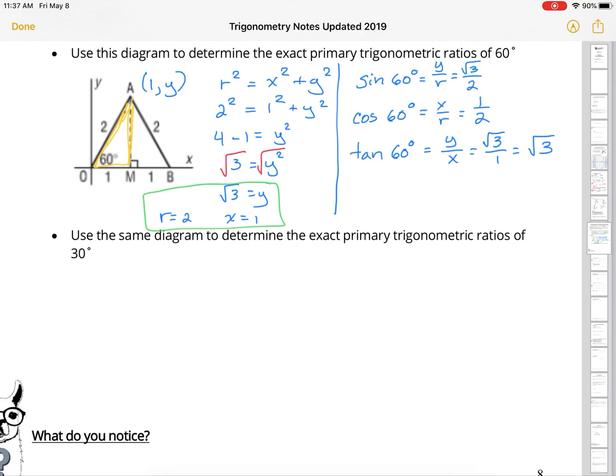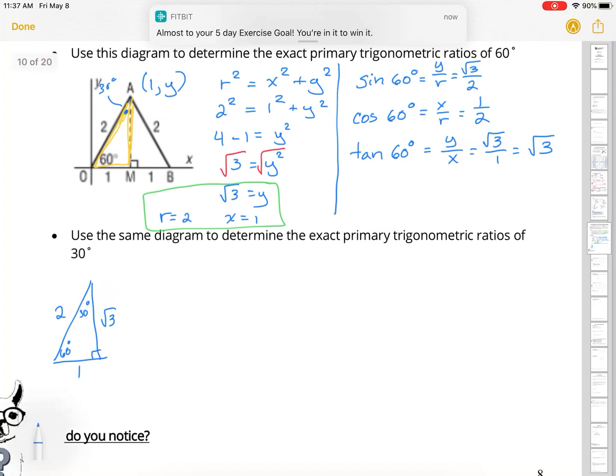Now, remember, I said that if you have a 60-degree right triangle, that means the other angle in the triangle is 30 degrees. So we actually have the three sides of that 30-degree triangle. If this is 60, this is 30.